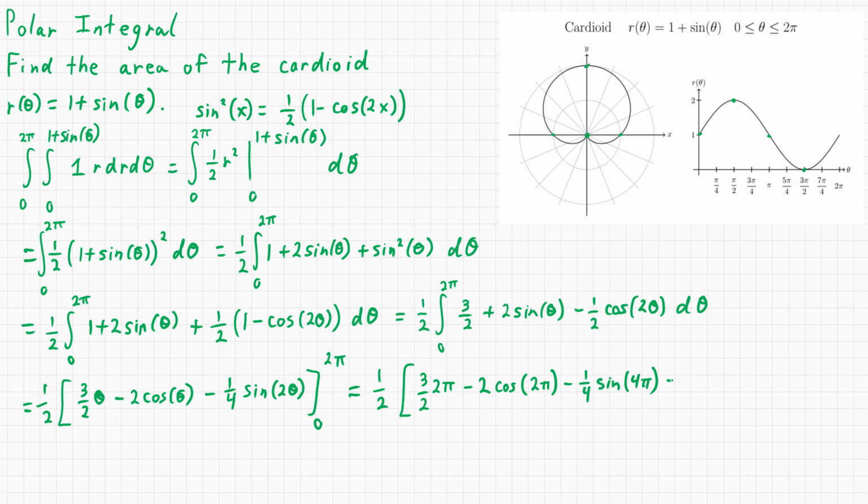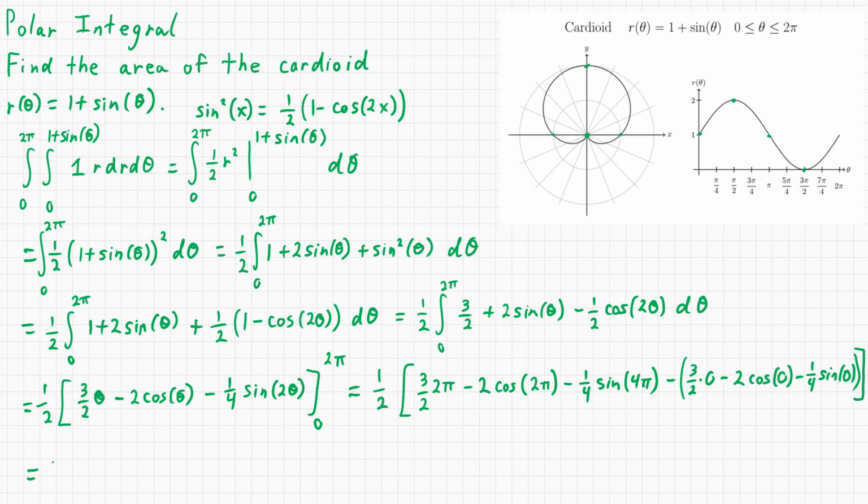Then we'll have a minus. I might as well write it out here. So it's 3/2 times 0 minus 2 cosine of 0 minus 1/4 sine of 0, and parenthesis and square bracket.